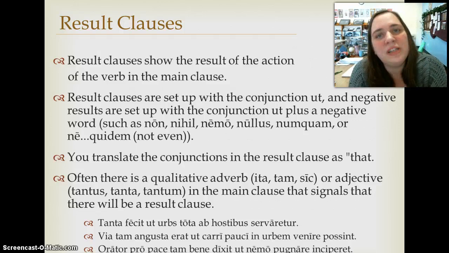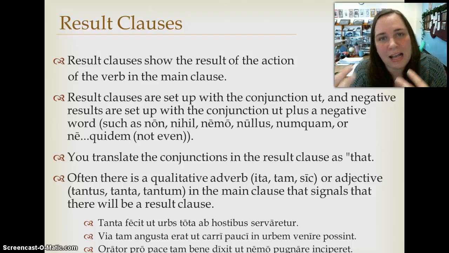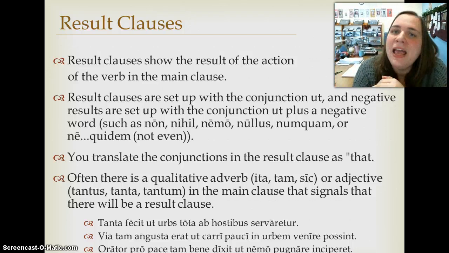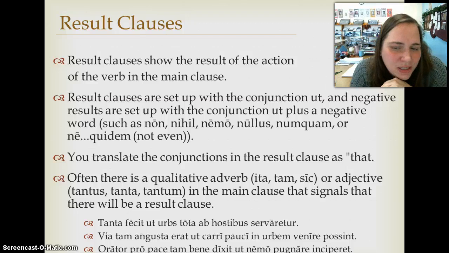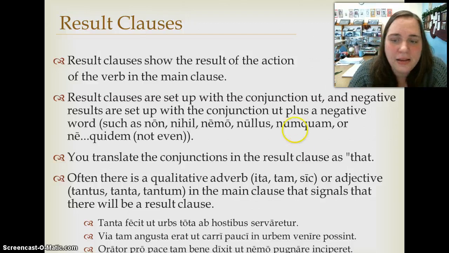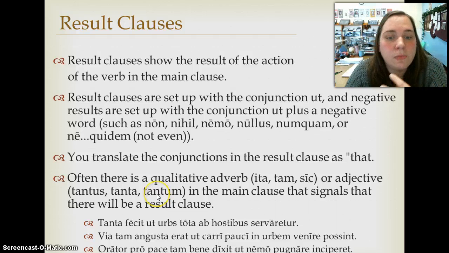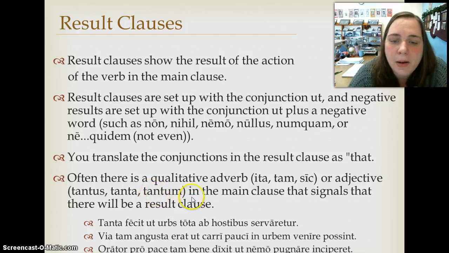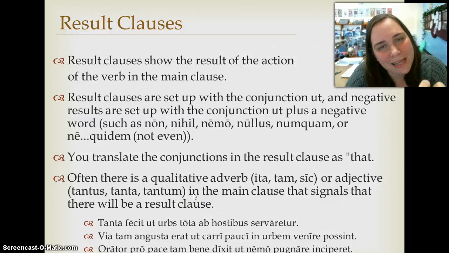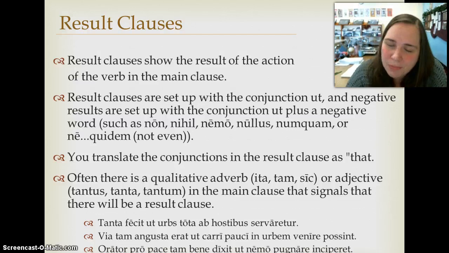What hint is that? Well, it's one of these qualitative adjectives or adverbs. The qualitative adverbs essentially mean so. The examples of them would be ita, tam, or sic. And the qualitative adjective is tantus, tanta, tantum, so great, or so much, anything like that. And when you see those in the main clause of the sentence, that is signaling to you that ut is probably a conjunction that is setting up a result clause.